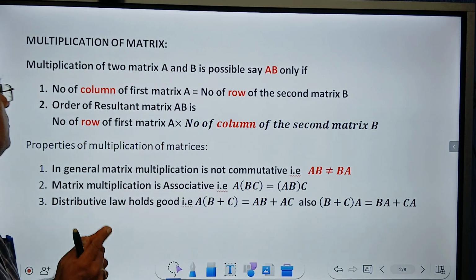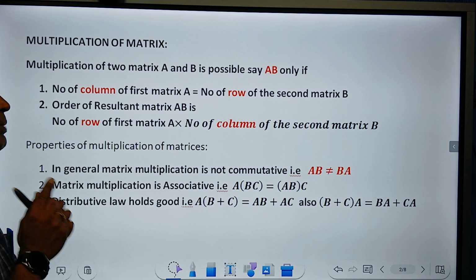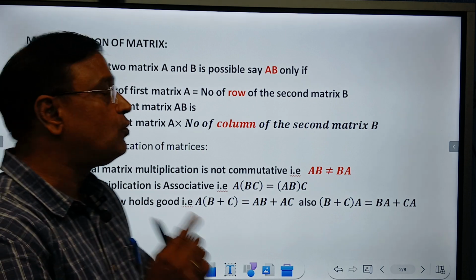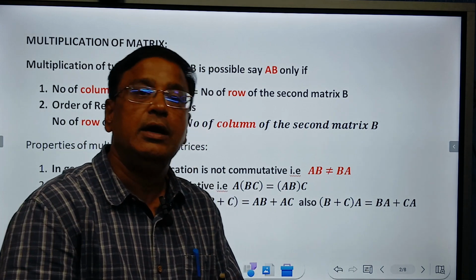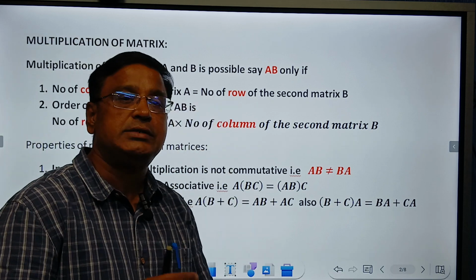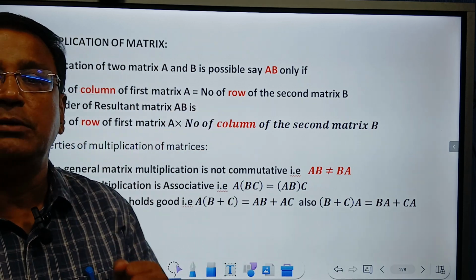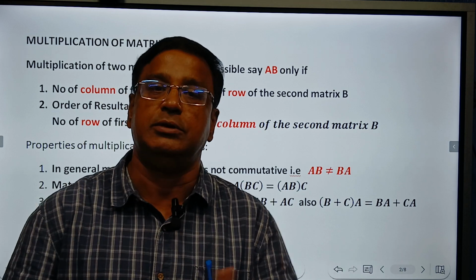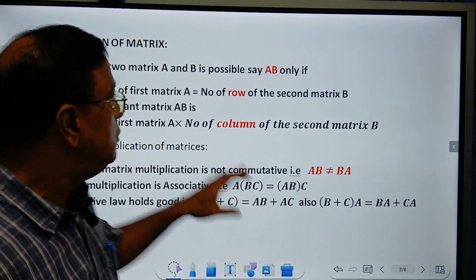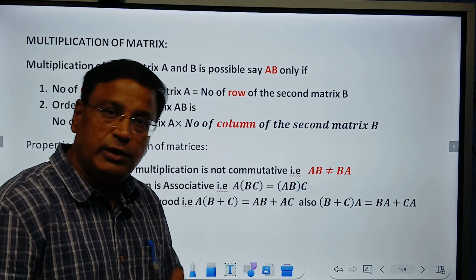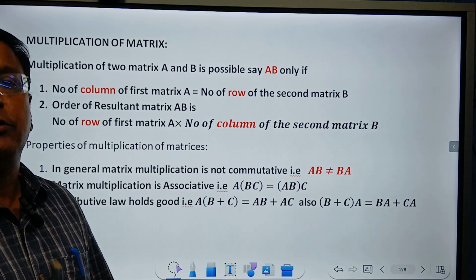Number of columns of the first matrix should be equal to number of rows of the second matrix. If they are not equal, you can say clearly that matrix multiplication cannot be performed. So that's the first thing you need to verify if you want to multiply two matrices.